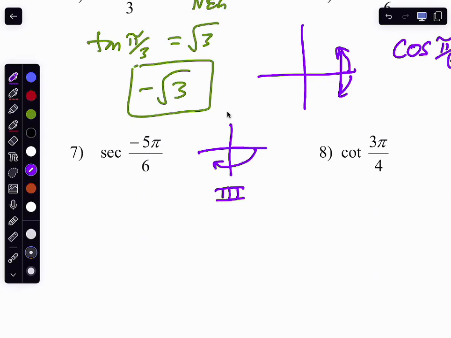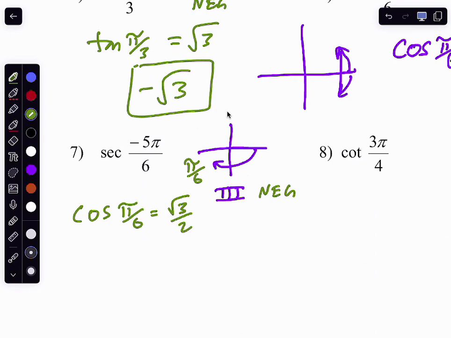The reference angle is pi over 6. But I would do cosine of pi over 6, because I don't have secant up there. The cosine of pi over 6 is root 3 over 2.